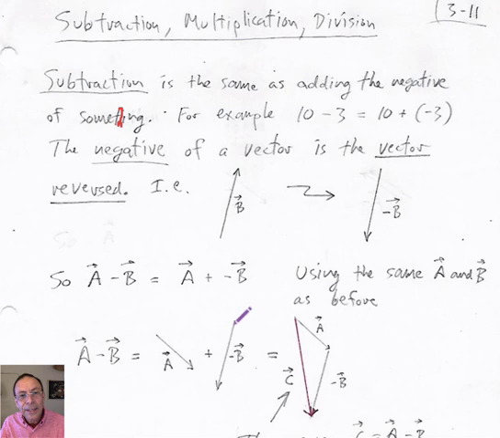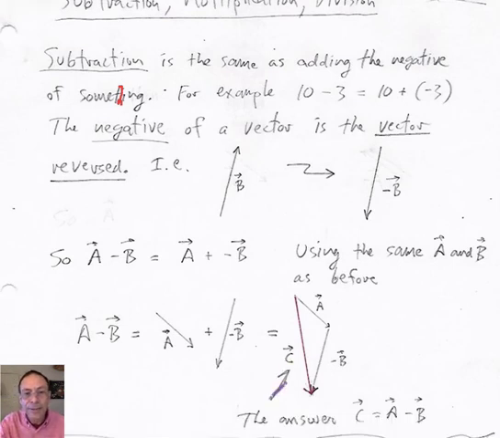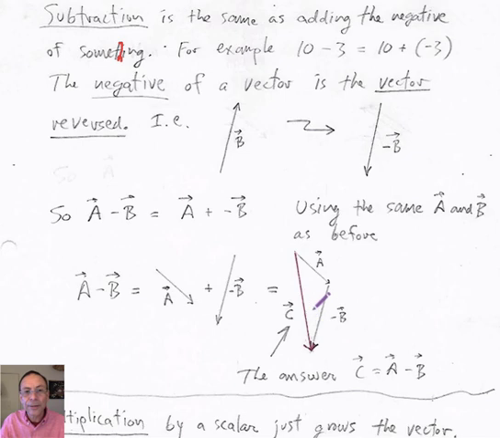Originally, the b vector was pointing this way, but now it's the negative of b, so it's turned around. And I just go through the process of adding them. Here, I used the nose to tail method to add them together, and I got my answer. The answer is here, like that.